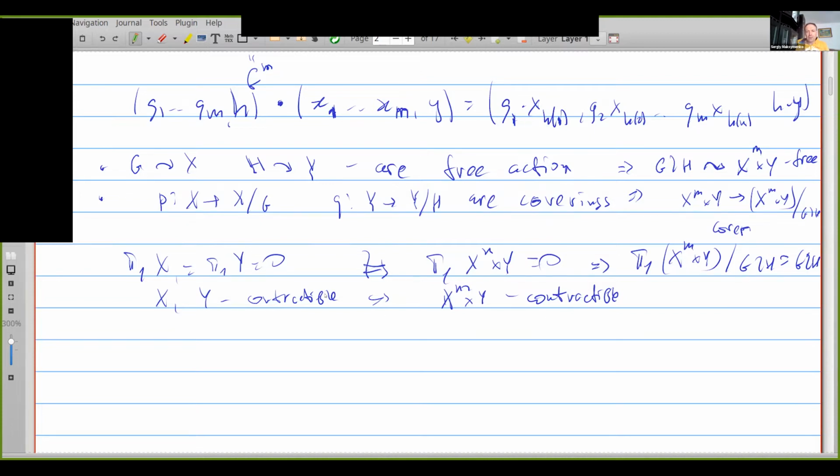Moreover, if they are contractible, then this space is also contractible. But contractibility, together with free actions, means that X by G is what is called a classification space for this group.